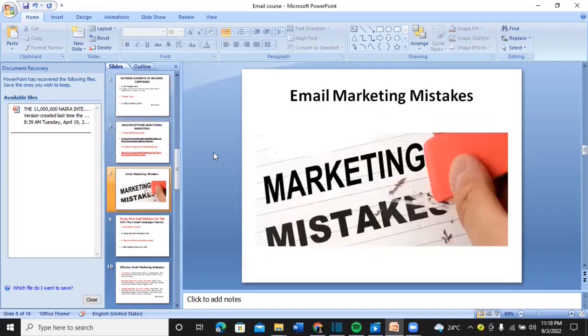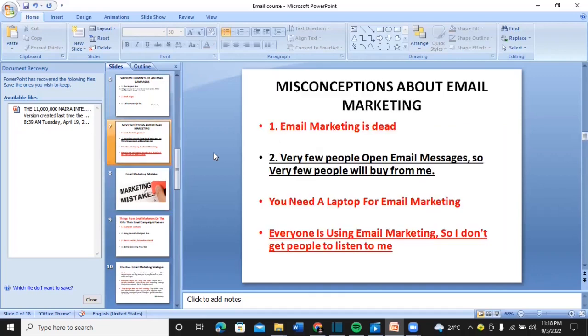It is possible that you personally don't open all your emails, but that doesn't mean every other person doesn't open theirs. If you can get as low as a 26% open rate, then you are in a very good position when it comes to email marketing.